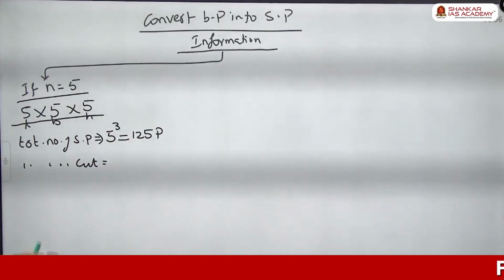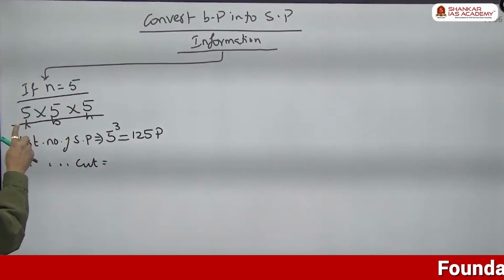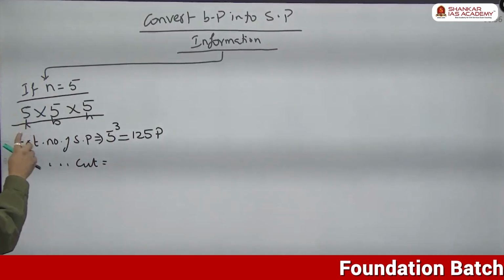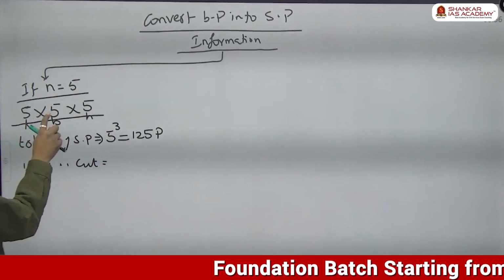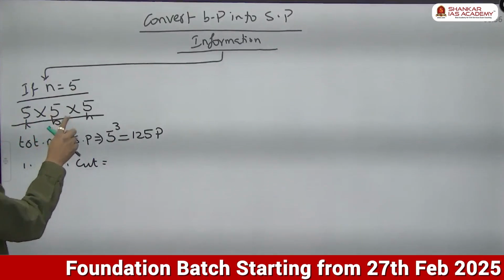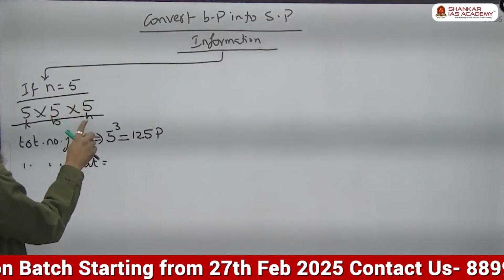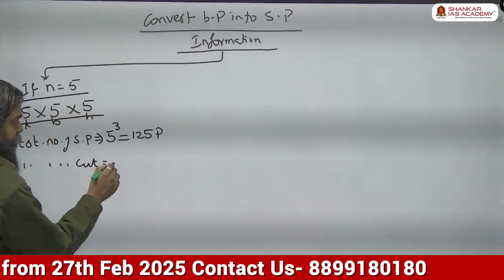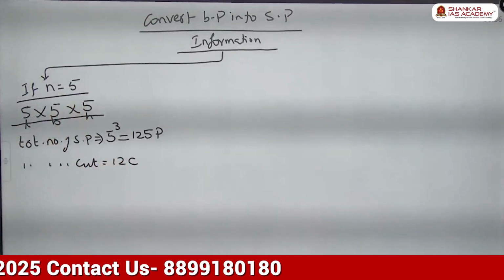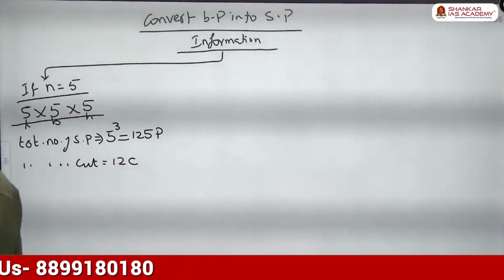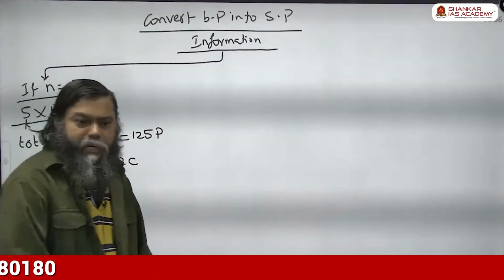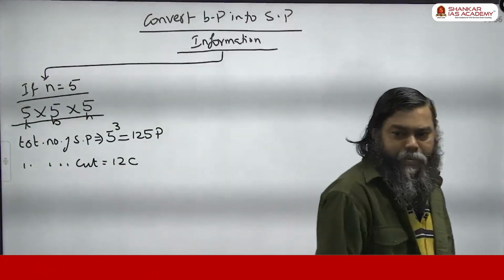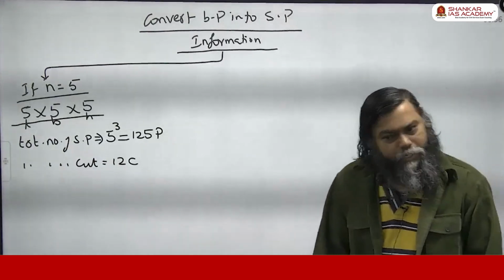Length, how many pieces? 5. That means how many cuts? 4. Breadth? 4 cuts. Height? 4 cuts. 4 plus 4 plus 4, total 12 cuts. That is the number of length cuts plus breadth cuts plus height cuts, 12 cuts.